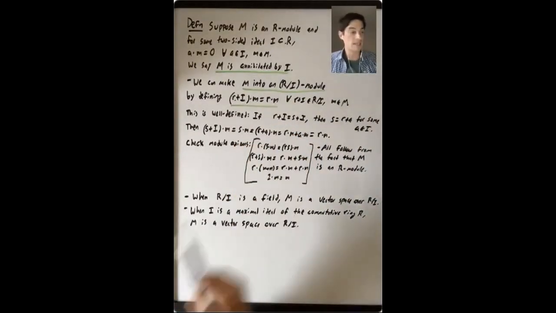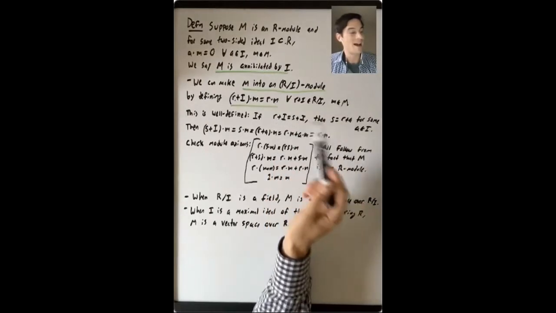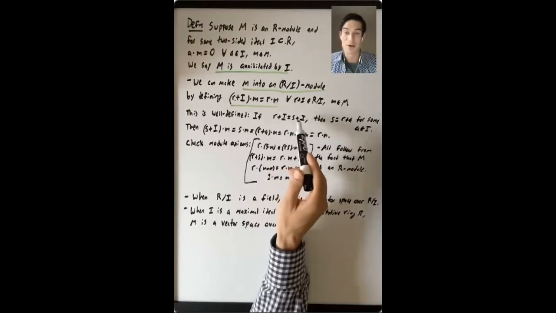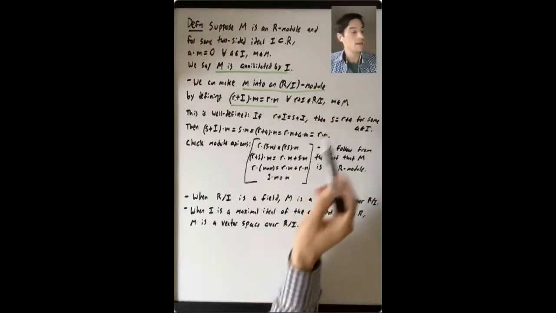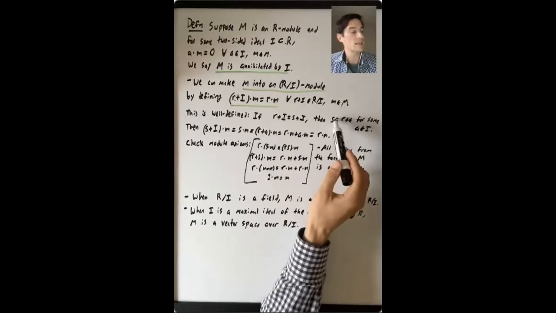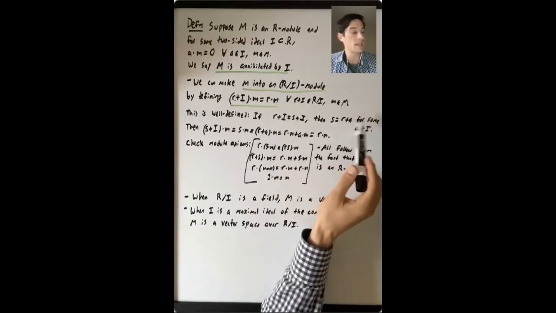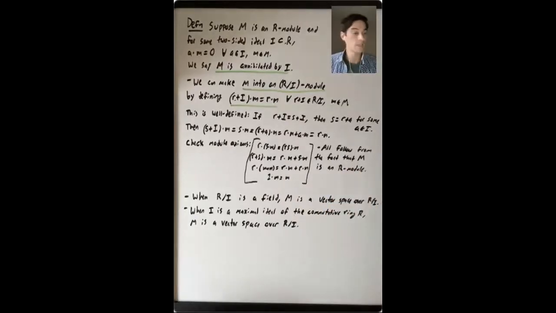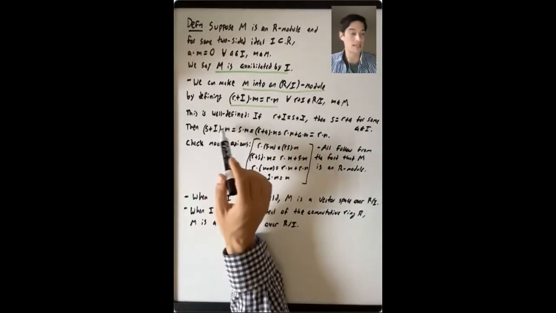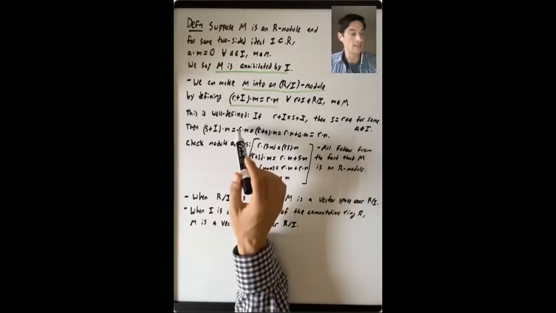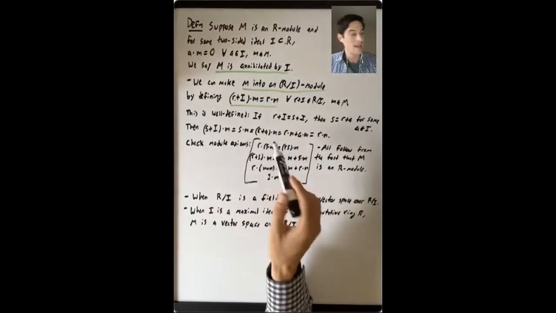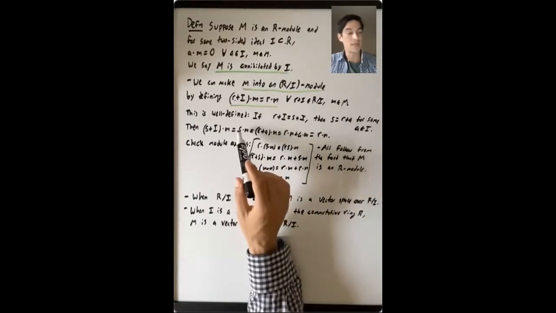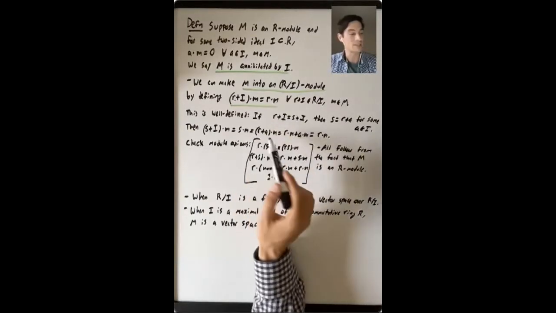And you can do this by saying, okay, if you have r plus I equals s plus I, if r and s are in the same coset of I, then how are they related? Well, s has to be equal to r plus something in the ideal. So s equals r plus a for some a in I. So then what is (s plus I) acting on m? Well, it's s acting on m, and that is (r plus a) acting on m because s is equal to r plus a.